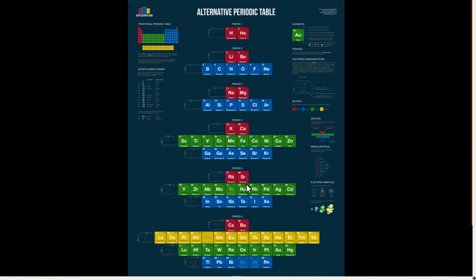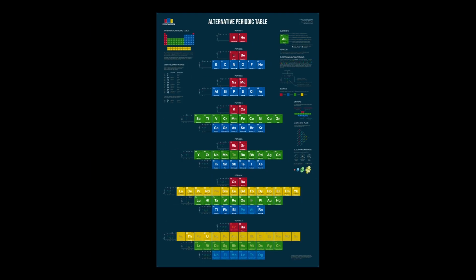So that's my alternative periodic table and why I've arranged the elements like this. I tried not to get too technical, but basically the theory is that this arrangement helps highlight the blocks. And again, those blocks have a relationship with how the electrons are arranged into subshells in the atom.